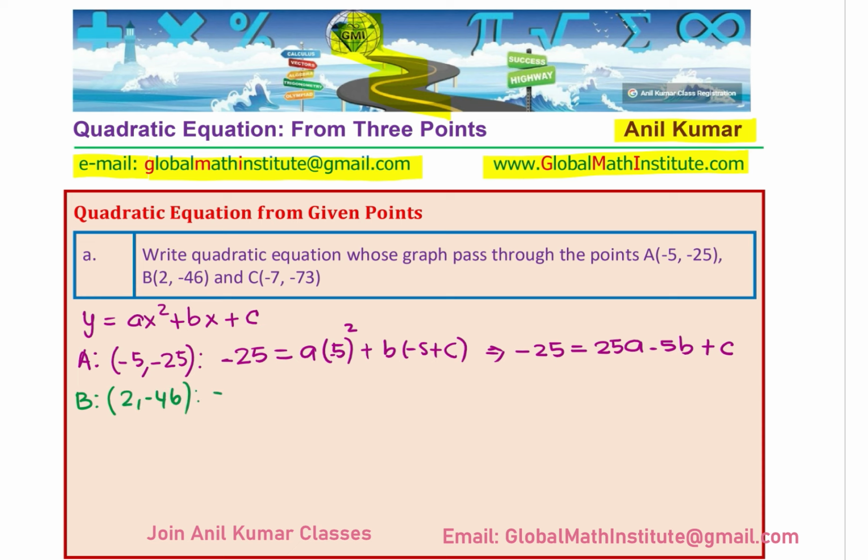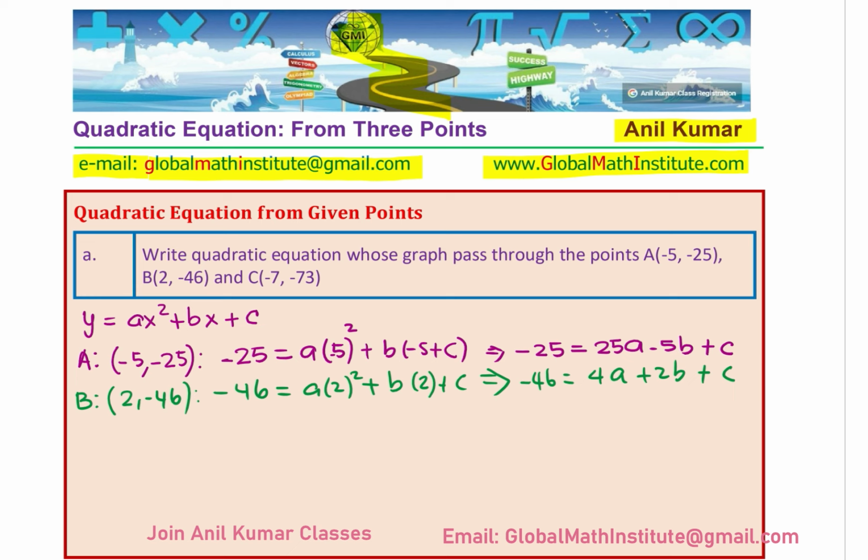Substitute this point, -46 being the y value, 2 being the x value. So substituting, in simplified form, we get -46 equals 4a plus 2b plus c.